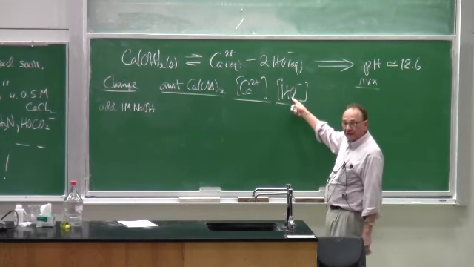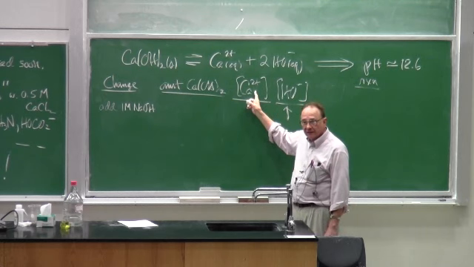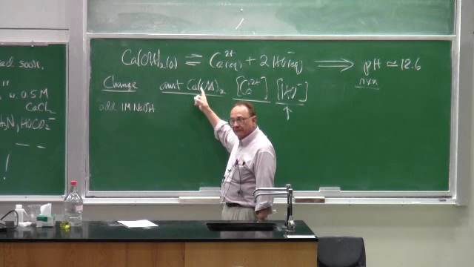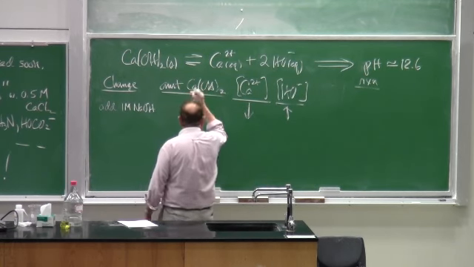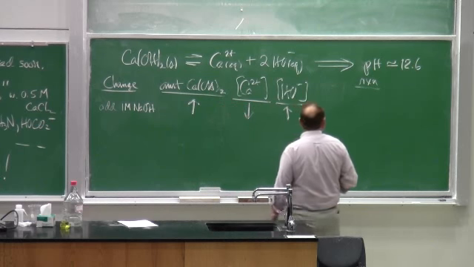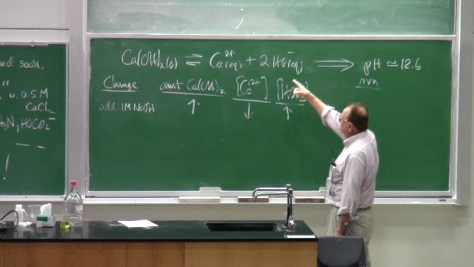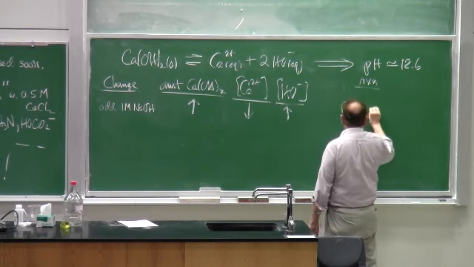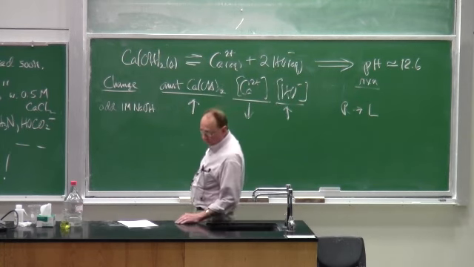I'm upping this considerably, am I not? So what's going to happen to this? And as a consequence thereof, what happens to the amount of this? Increase, making more of this. Arrow up, increase, arrow down, decrease. So, the reaction which occurs is this reaction right to left. All right?